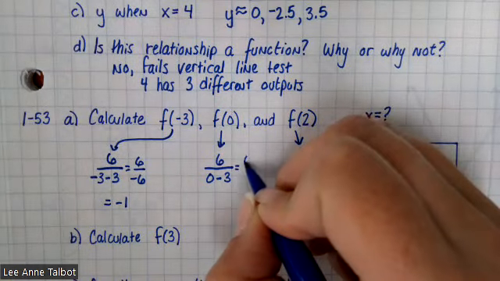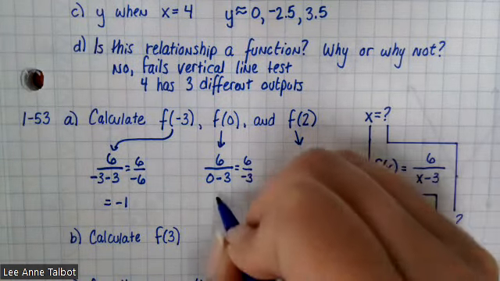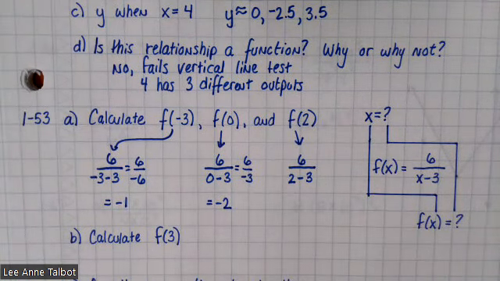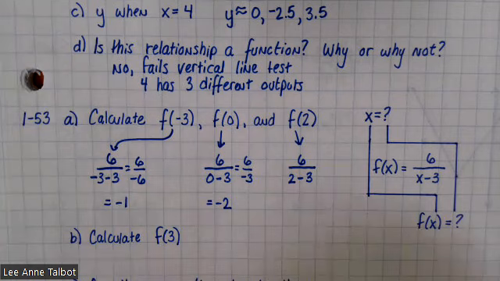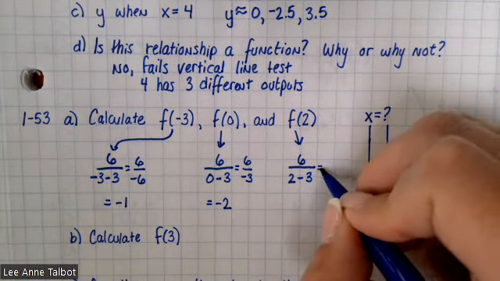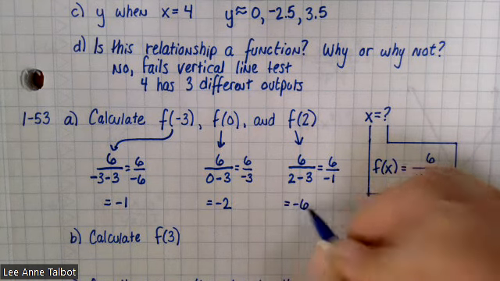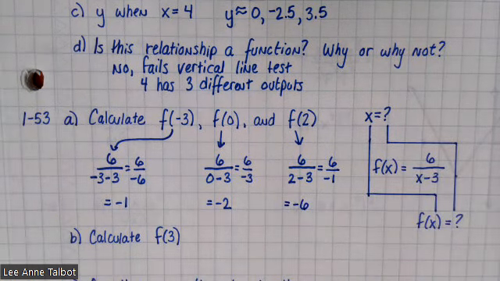This is 6 over -3, which is -2. And this one is 6 over -1, which is -6. Any questions about the three function machine problem? Are you good? Are you sure? Now's the time to ask.